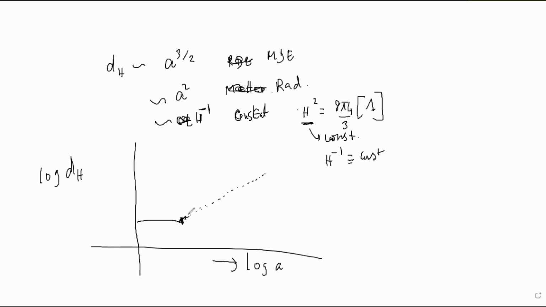Higher, yes. And then when the universe enters the matter dominated era, it will have a little bit less slope. It would have gone like this, but it has gone from A squared to A to the power 3 by 2. So the plot is constant, then A squared, then A to the power 3 by 2. This is the size of the horizon.